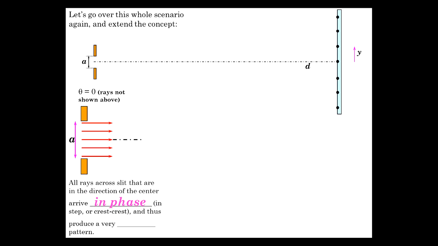What happens? Well, at the center of the screen, they're in the direction of the center. They arrive in phase. And remember now, this is a really small slit compared to this distance and compared to the screen. So think of all these arriving at the center, or close to the center, and every crest is meeting a crest, and so they produce a constructive interference pattern, a bright pattern.